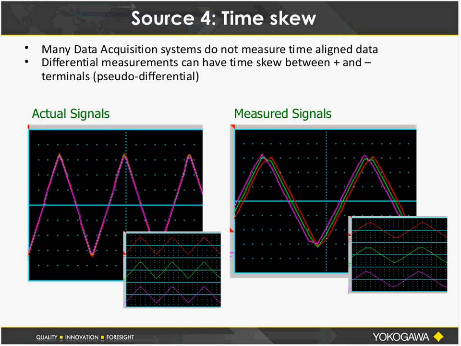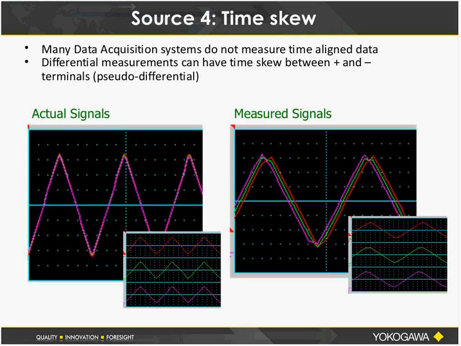In other words, if your data acquisition system has any time shift between one channel and another channel, or a time shift between the plus and minus terminal of the same channel, that creates time skew. This is one of the dirty little secrets of the data acquisition industry. It's not generally talked about, but again, it is real.